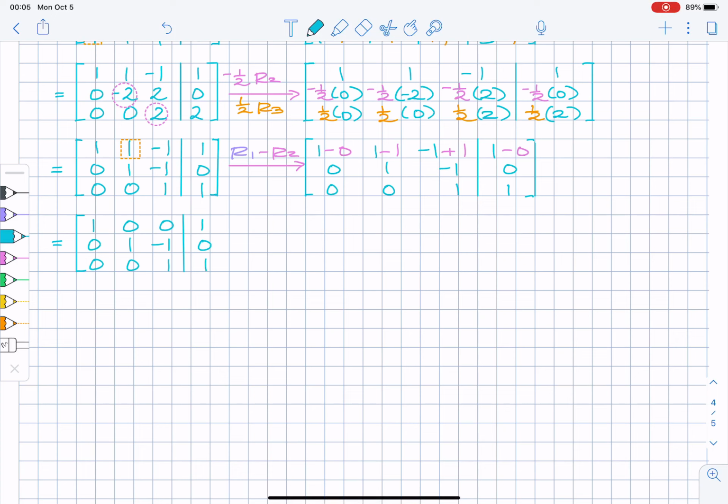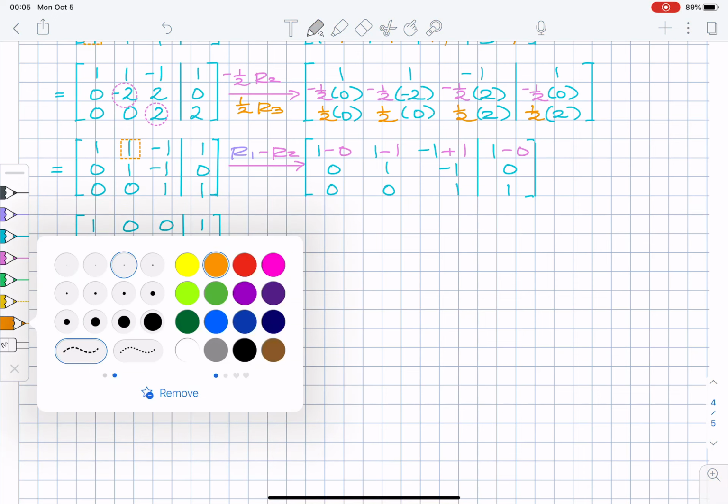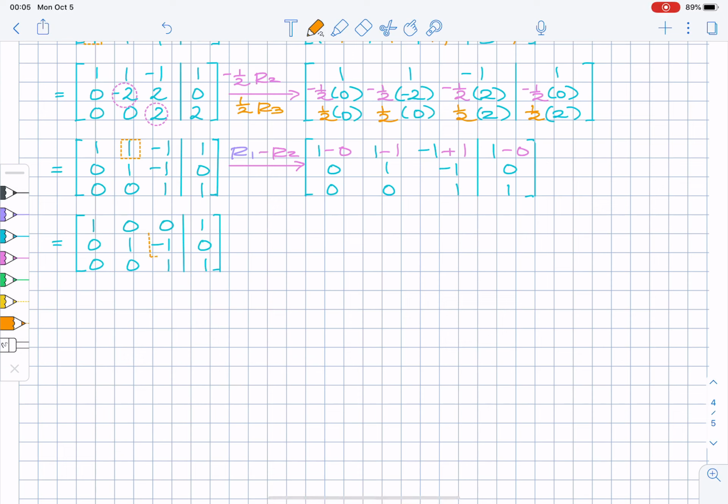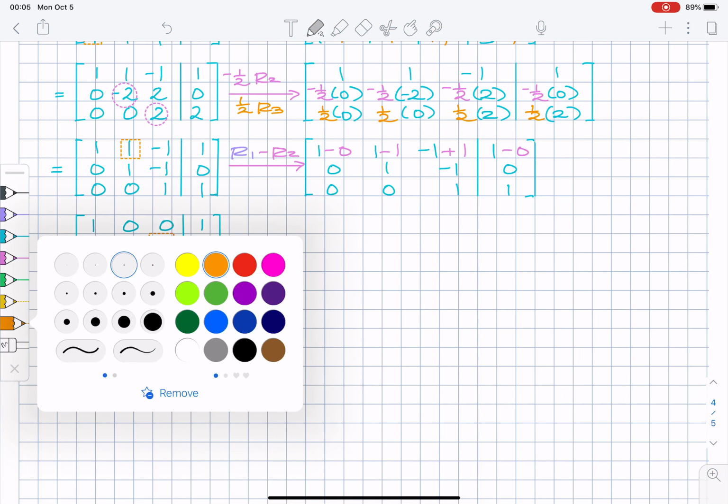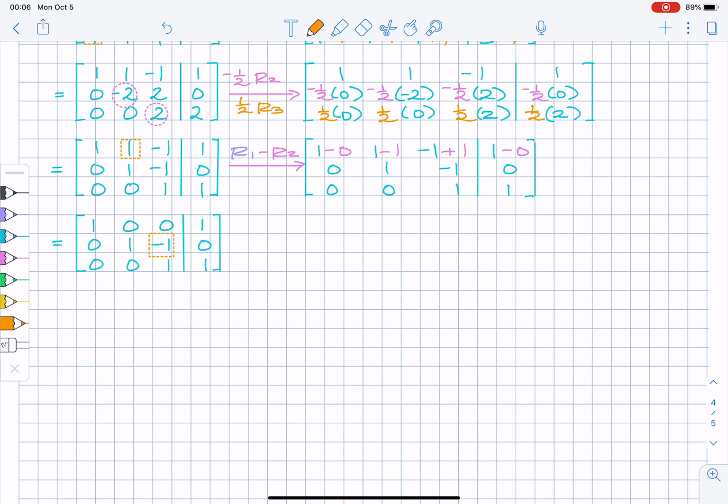So the only thing I'm left to zero out at this point is this guy right here, because the one above it is already 0. So all I need to do to that end is row 2. If I add row 3, that'll get me where I want to go.